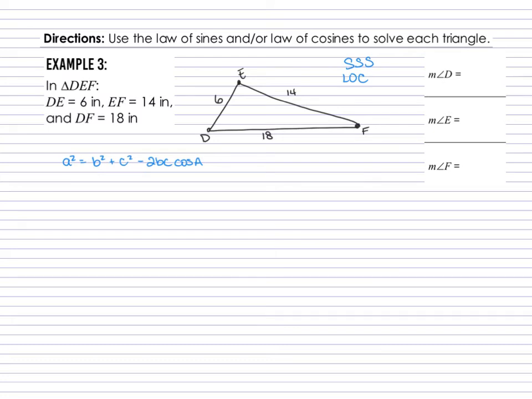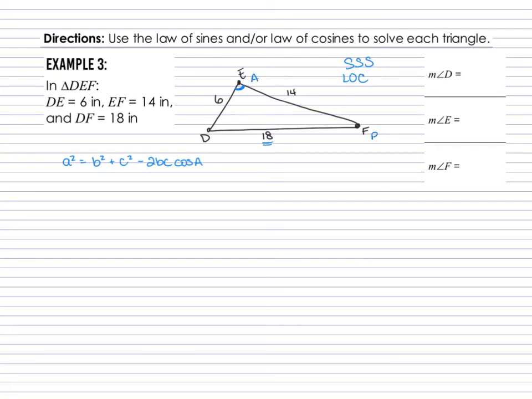When I'm using the law of cosines with 3 sides, I find it easiest to use the longest side and solve for the longest angle first. Since I have sides of 6, 14, and 18, that longest side of 18 means my biggest angle is going to be angle E. That's the one I like to start with, but you can start with whichever one you'd like.